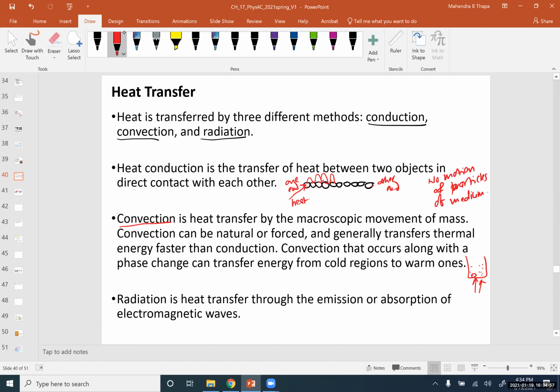The particles of water in close contact get heated and move upwards. The cold water comes down, gets heated again and goes up. This cycle keeps running until all the parts of the water get heated. So in convection, there is a motion of particles of the medium.